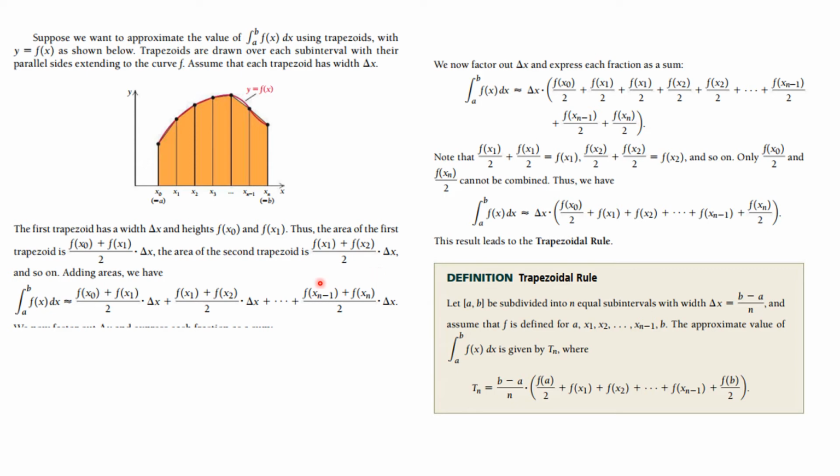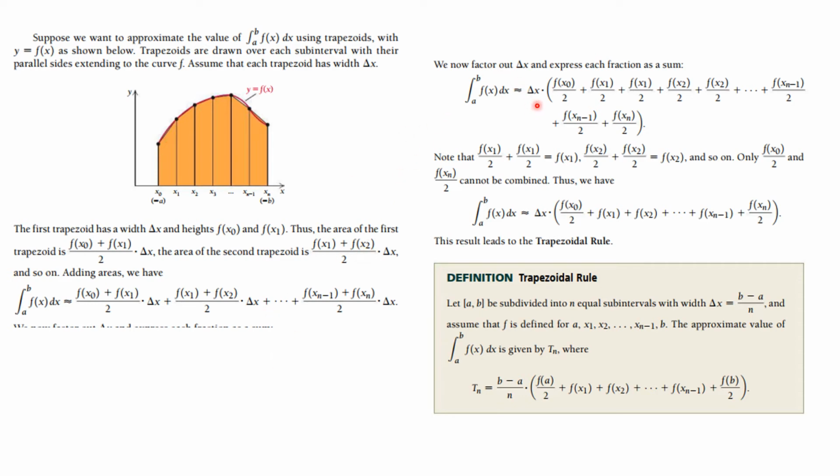Now, when we add these together, then, we say that the definite integral from a to b of f of x dx is approximately equal to the area of those trapezoids. But notice that f of x1 over 2 and f of x1 over 2 happen twice, and many of these happen twice, and so we have to factor that in.